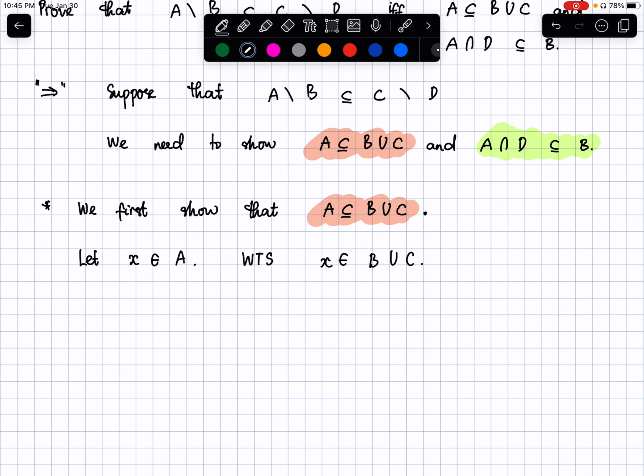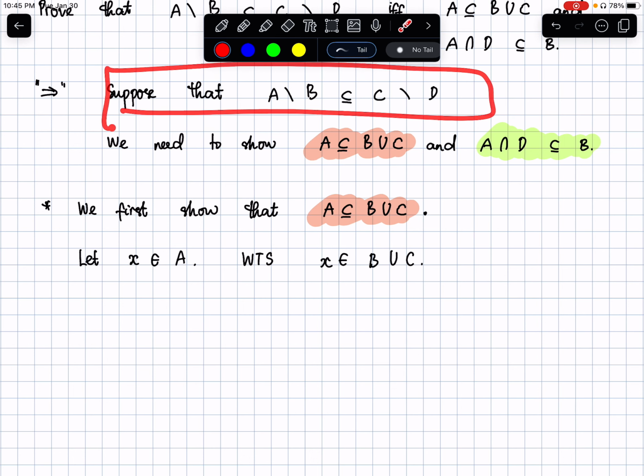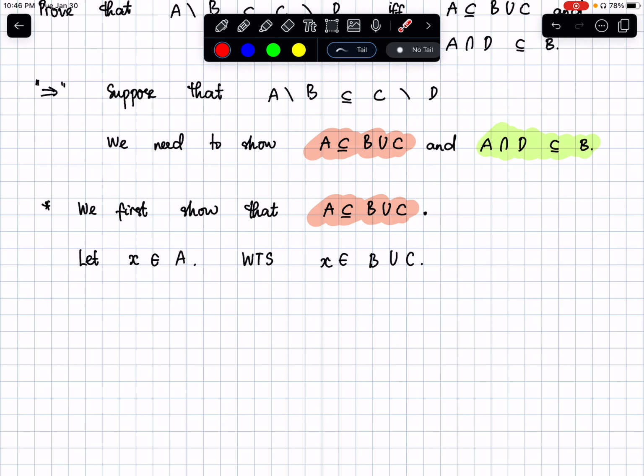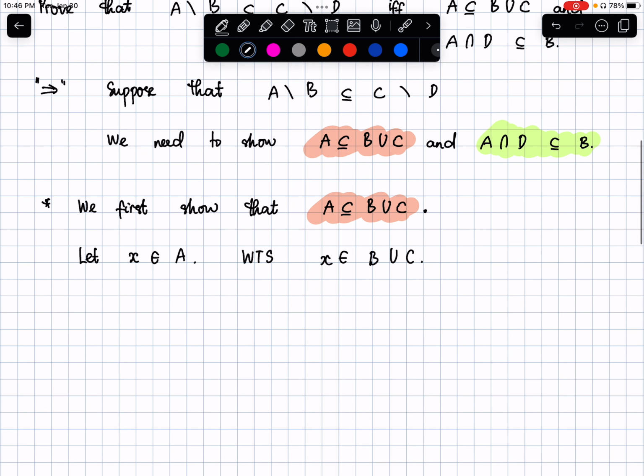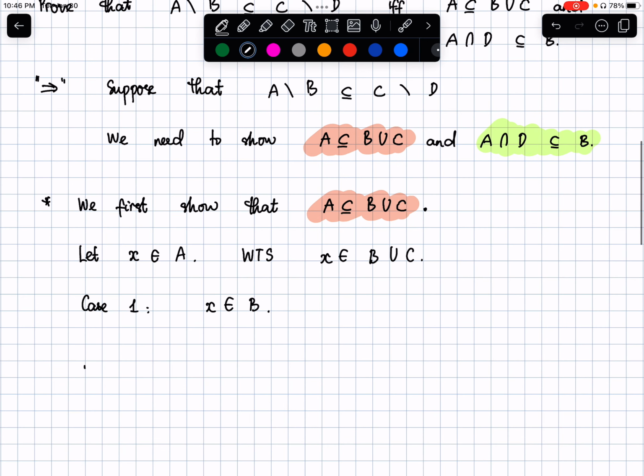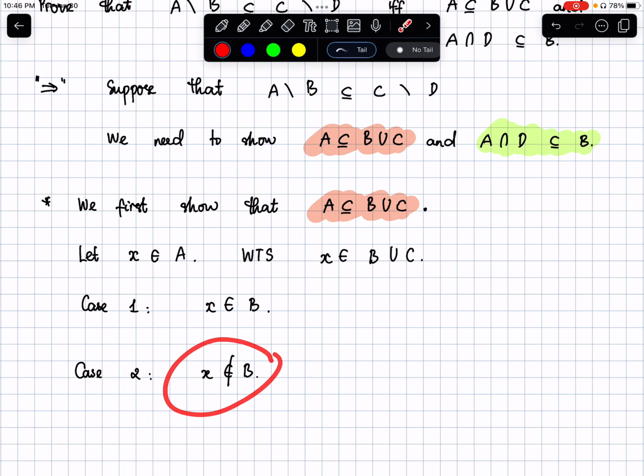Okay, remember that we have this hypothesis. Okay, so case 1: X is an element of B. Or case 2: X is not an element of B. I want to use this hypothesis.